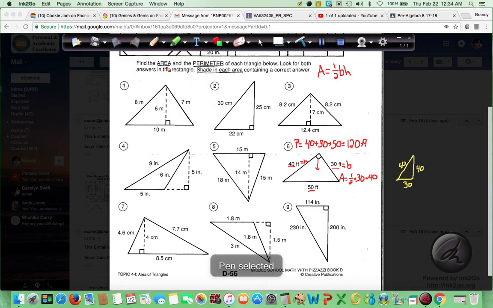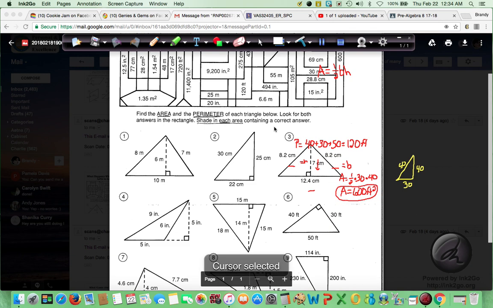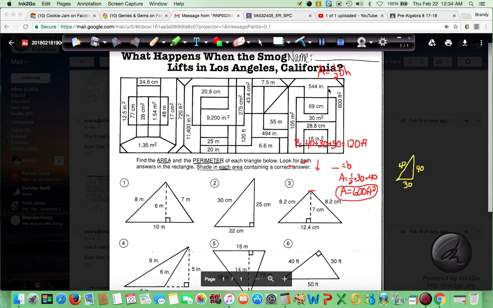So the area for number 6 is going to be 600 feet squared. All right, and again, you can scroll back up to the top, look for the 600 right there on the side, so I would shade this in.